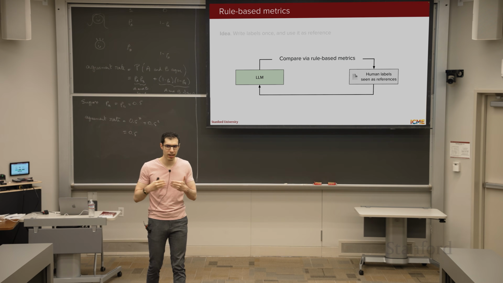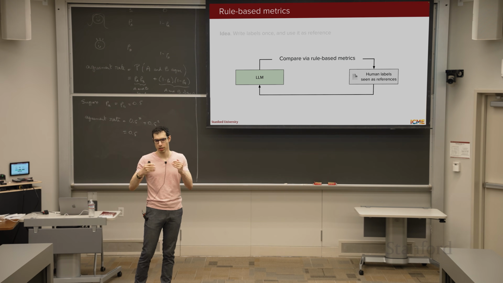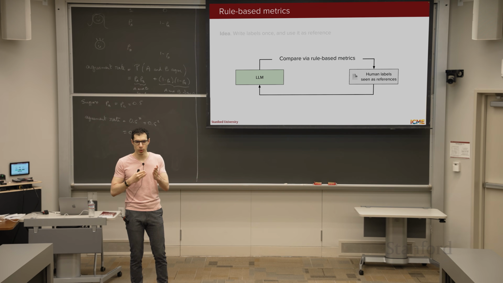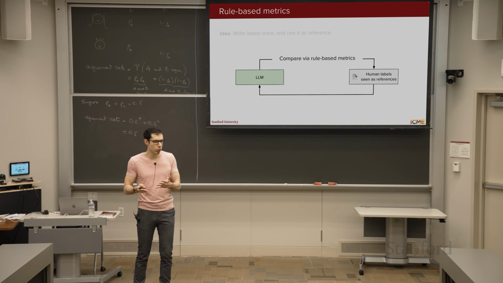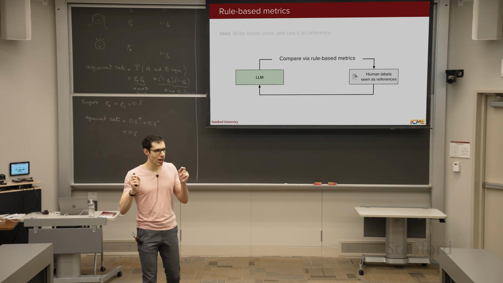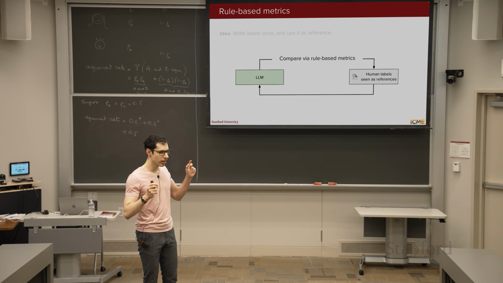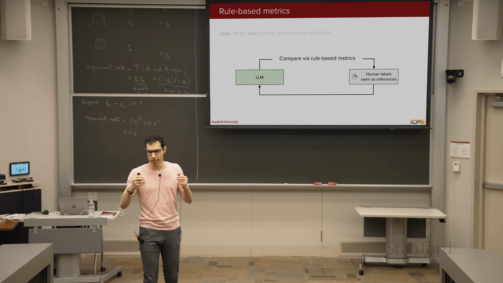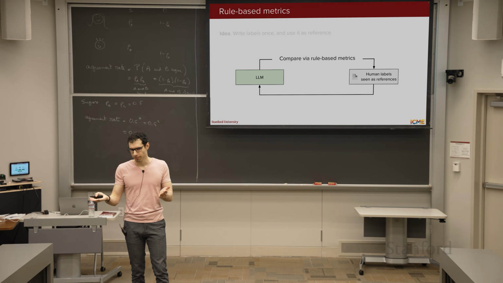So for instance, when I provide a response to a given prompt, there can be very well a case where I can formulate the response slightly differently, but it will still be just as good. So the idea behind these metrics is to make this comparison a little bit flexible.